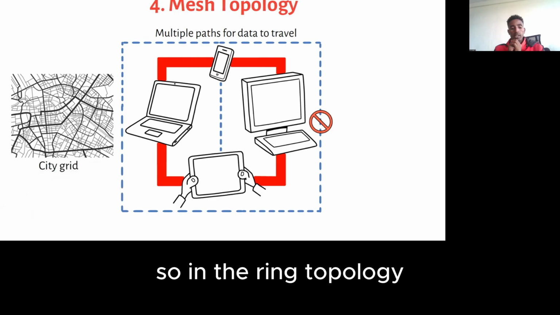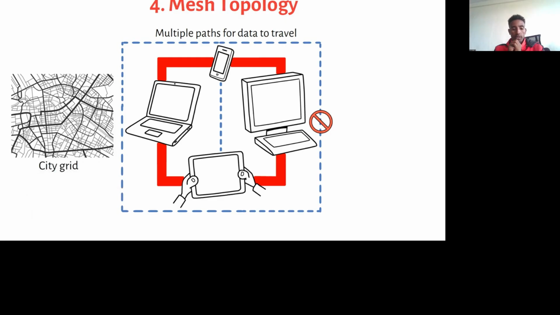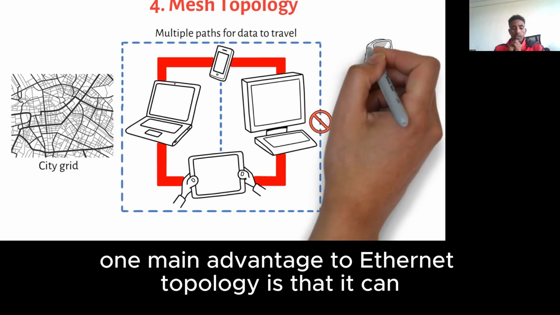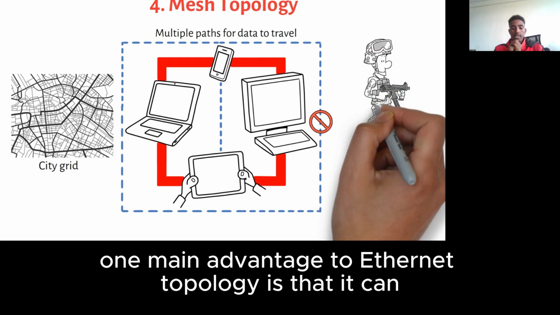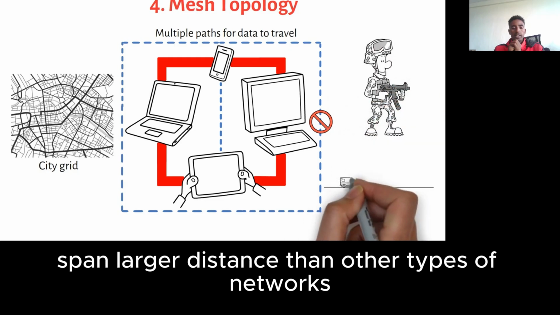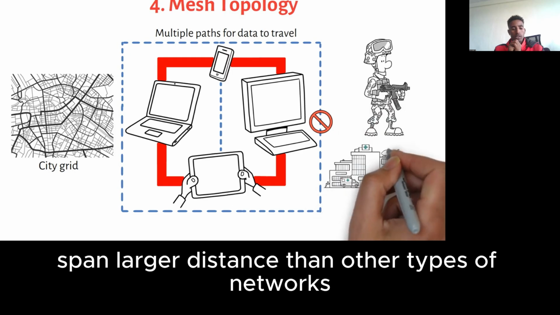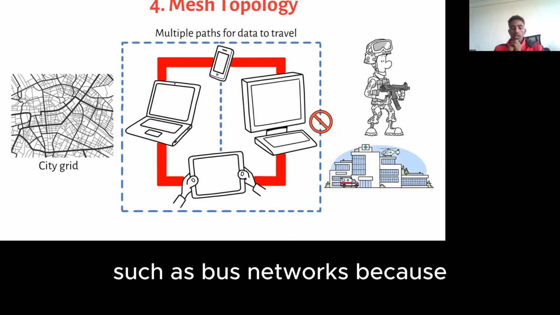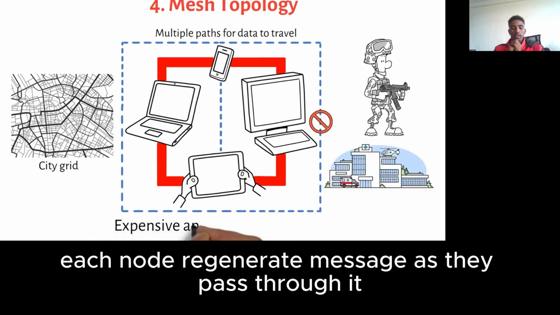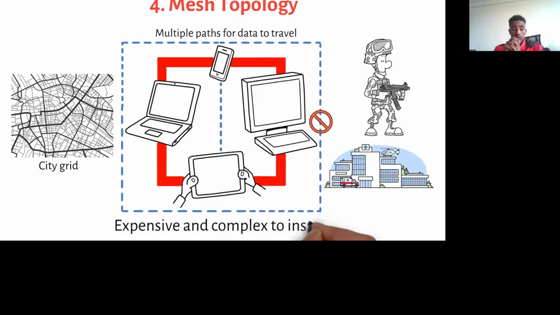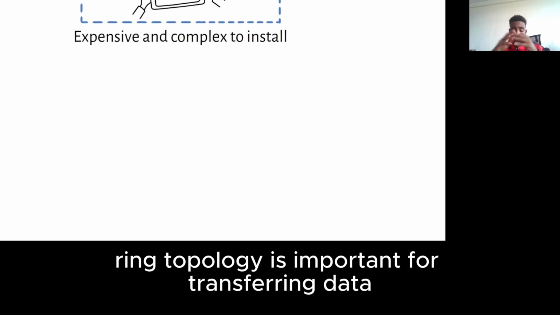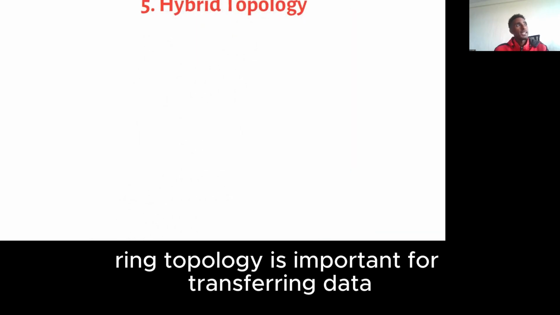One main advantage of a ring topology is that it can span larger distances than other types of networks, such as sparse networks, because each node regenerates the message as it passes through it. Due to this reason, ring topology is important for transferring data over a long distance.